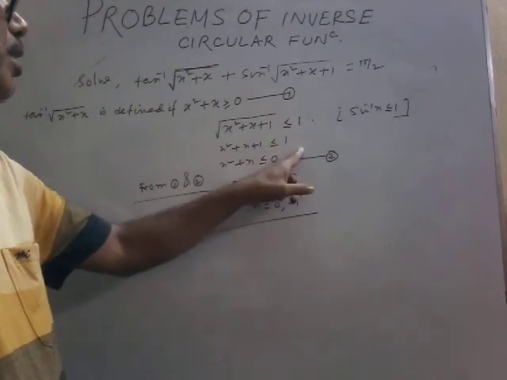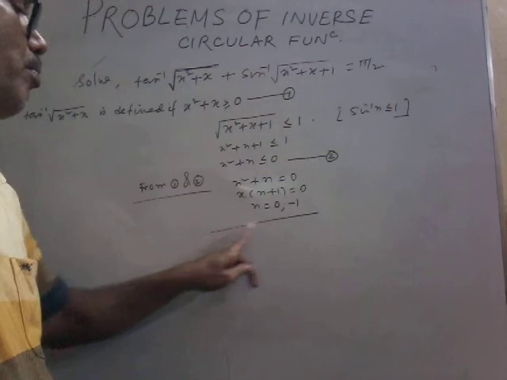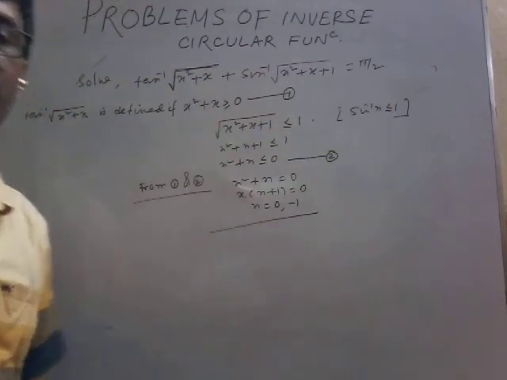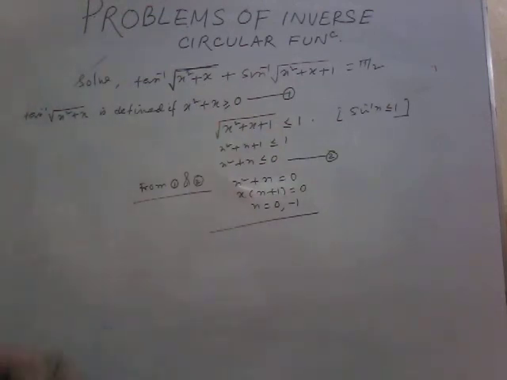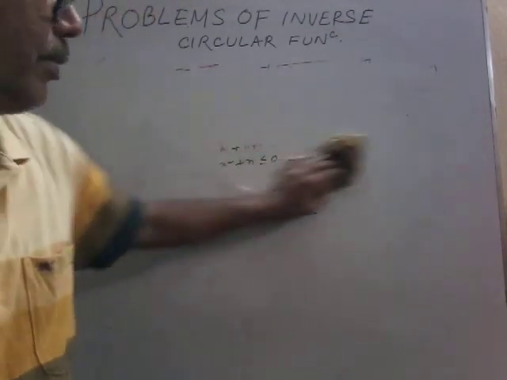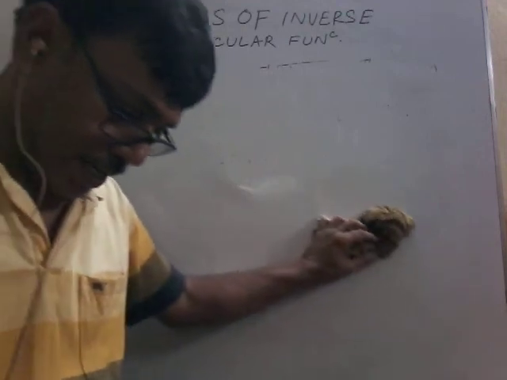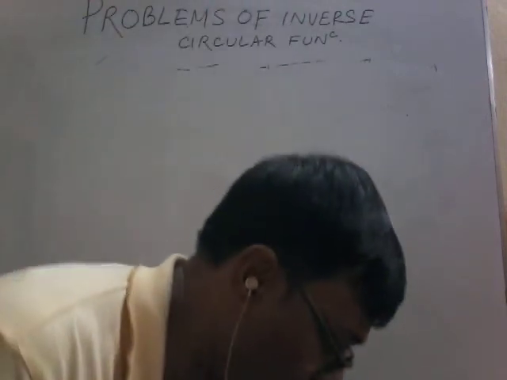So squaring, the 1 cancels, and from 1 and 2 you compare and you get the solution. So this comes from the domain of inverse circular functions. Now write, solve.